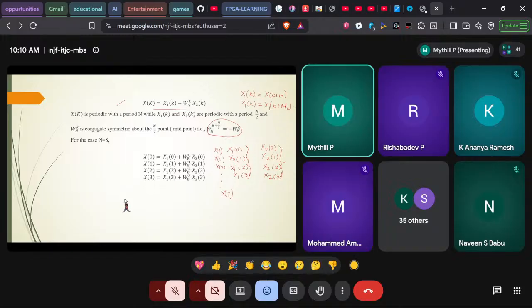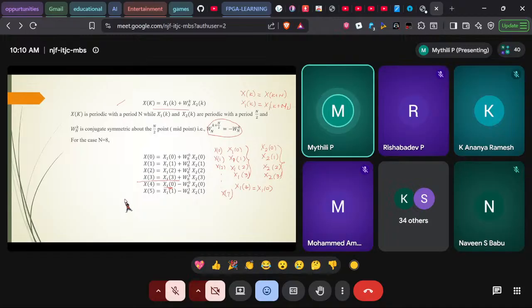The moment x4 comes, because of the conjugate symmetry of W, it becomes a negative sign. So it is subtraction after that. x1 of 4 is the same as x1 of 0, so that is why x1 of 0 is written here.